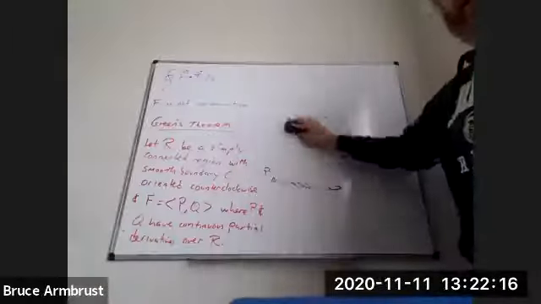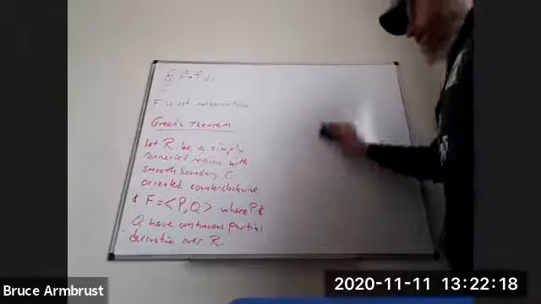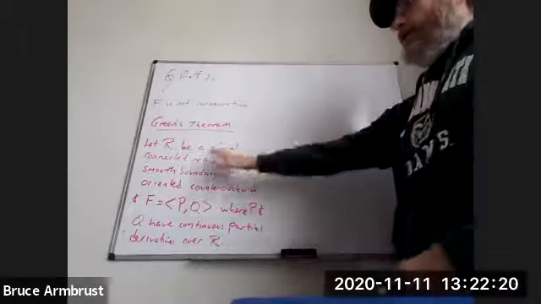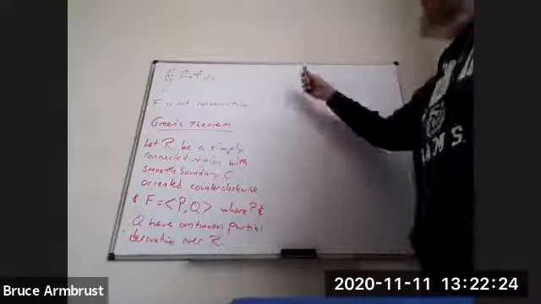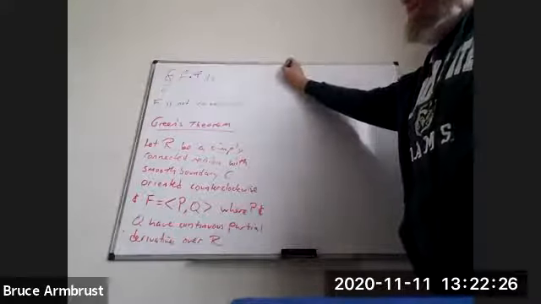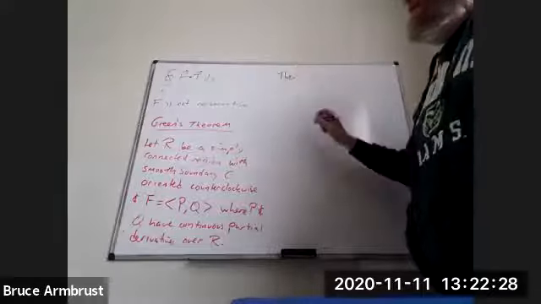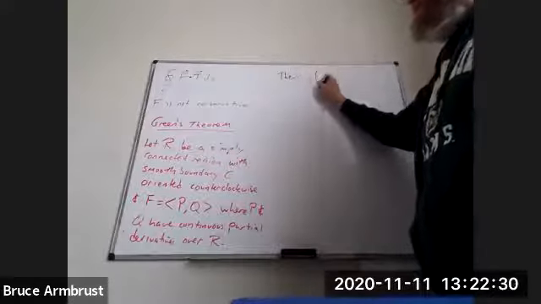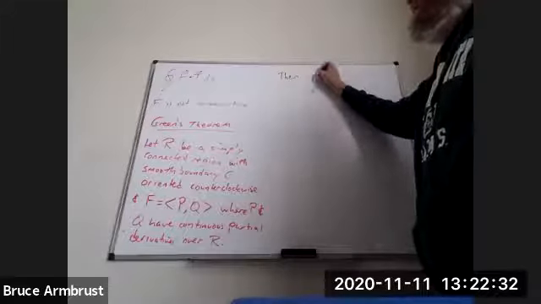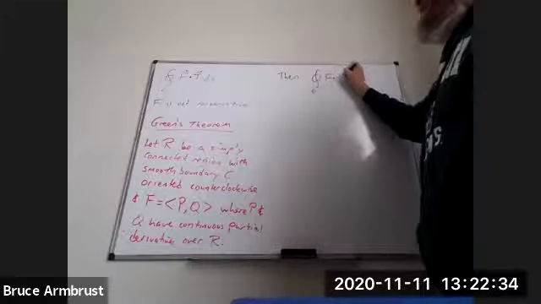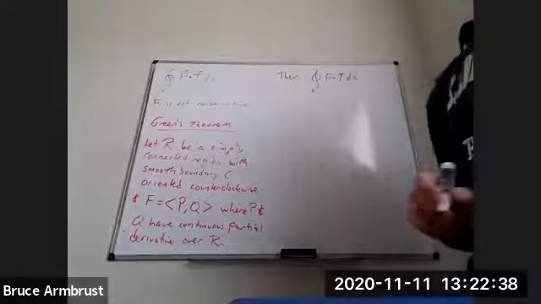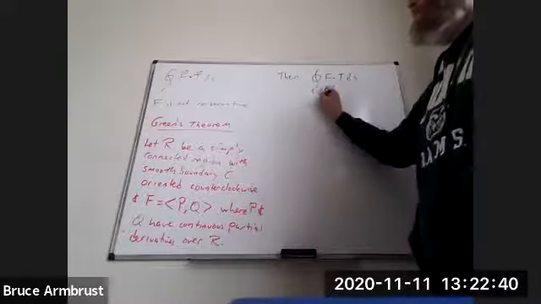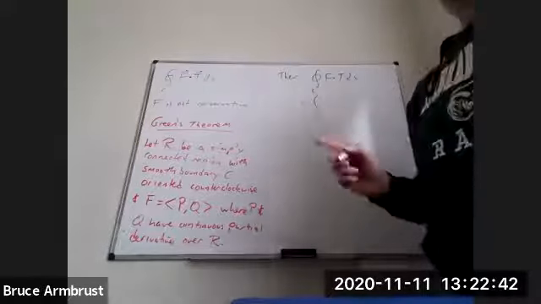So let me give you the then bit. Okay, so if all of this is true, then this is the big deal. The integral of F dotted with T ds, we can also think of this as the differential form of a line integral.